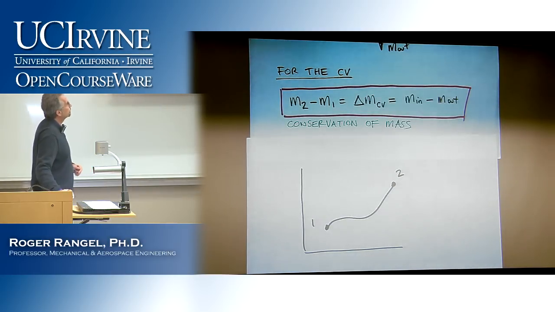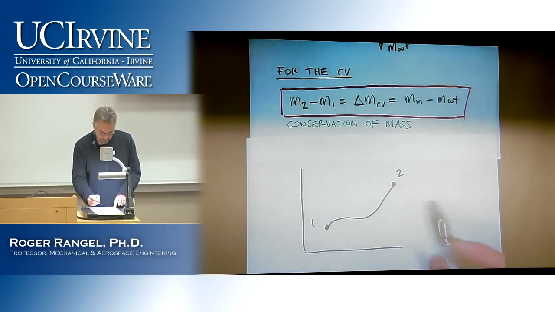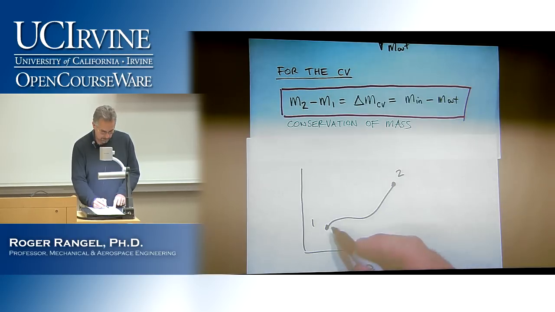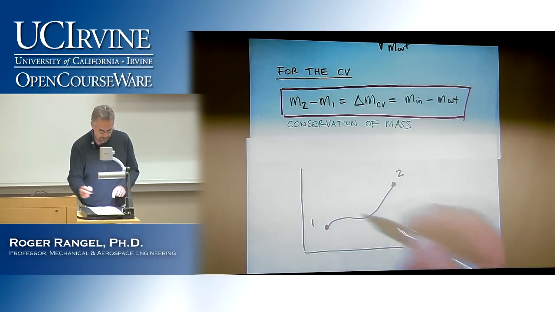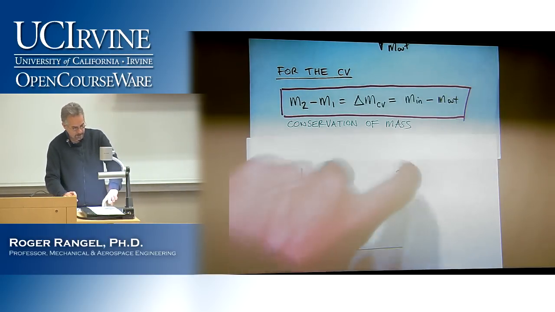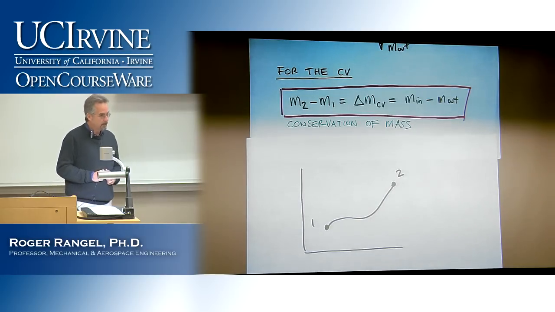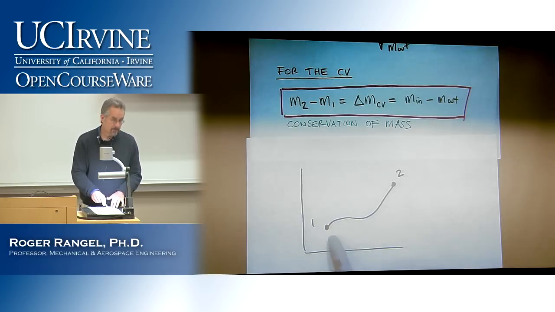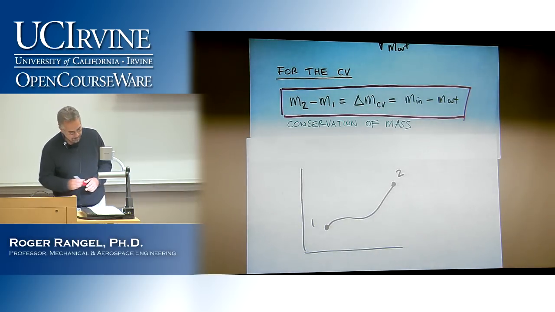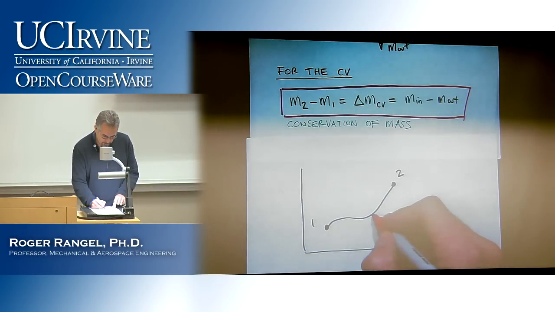Any two properties. So I have a certain amount of mass here at M2 and another certain amount of mass here at M1. And this equation would measure the total variation of mass at 2 versus the initial value at M1. But I could also just look at a small portion of that process.